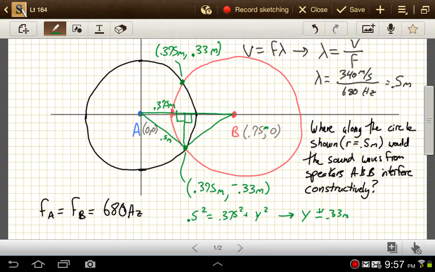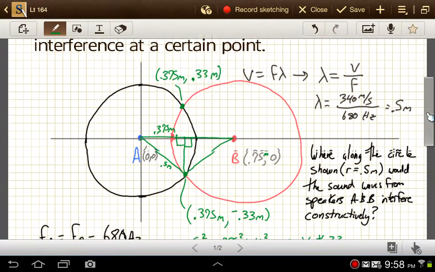So we are 0.5 meters away from A. We could be 0.5 meters away from B like this, or 0.5 plus 1 wavelength, that'd be 1 meter away, or 0.5 plus 2 wavelengths, that'd be 1.5 meters away, and so on like that.